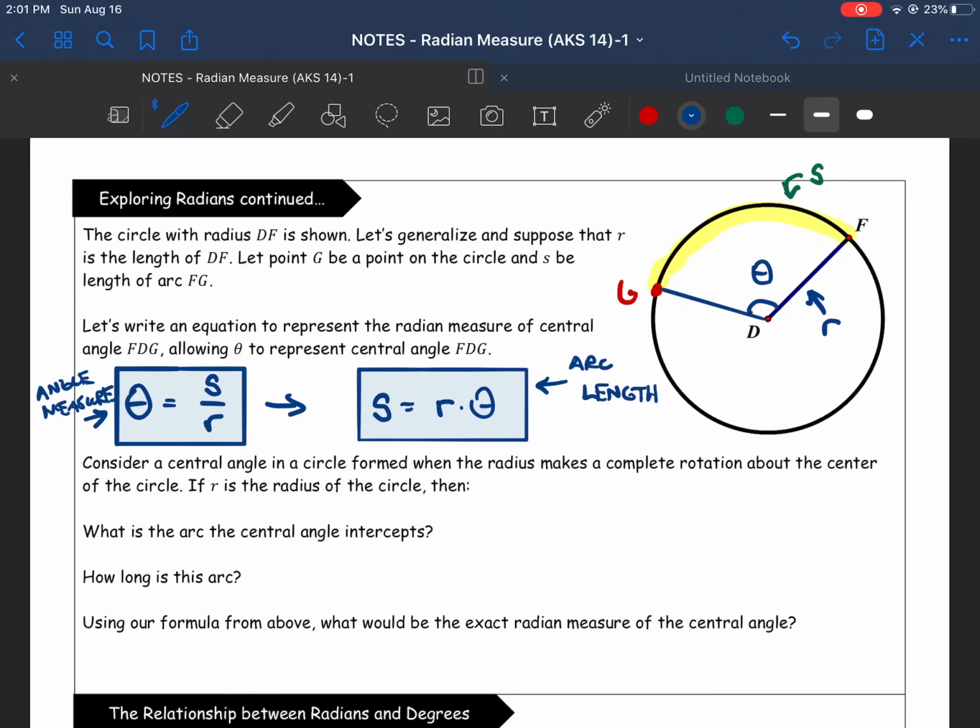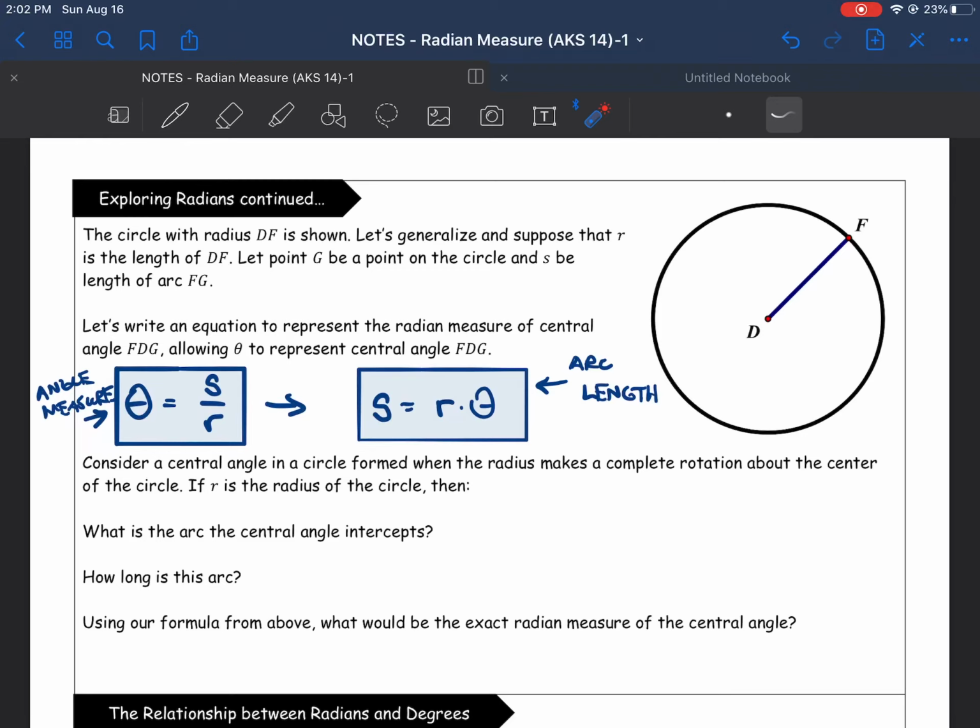So now let's consider a central angle in a circle formed when the radius makes a complete rotation about the center of the circle. Let's say that we go all the way around the circle. What is the arc the central angle intercepts?